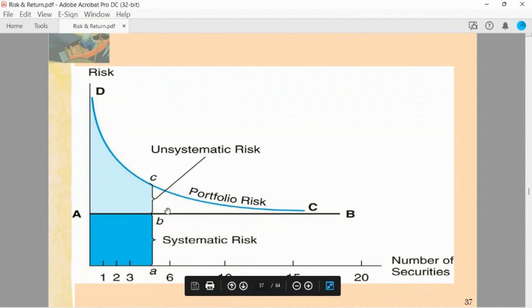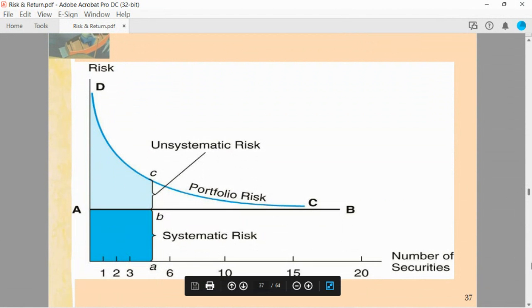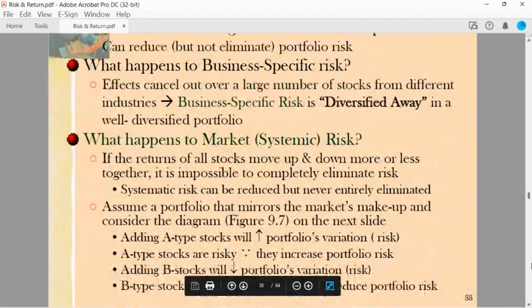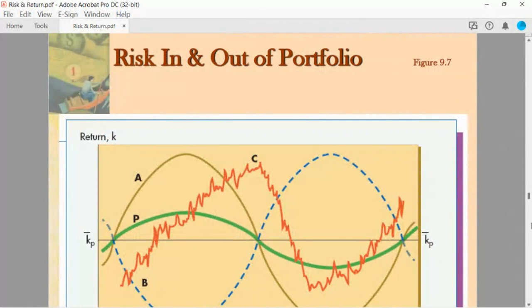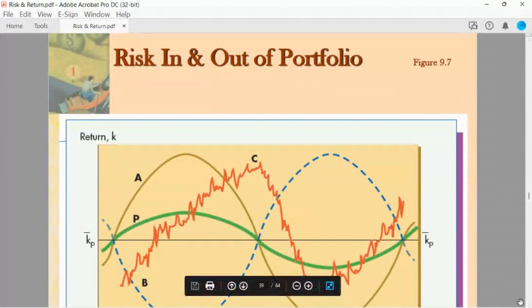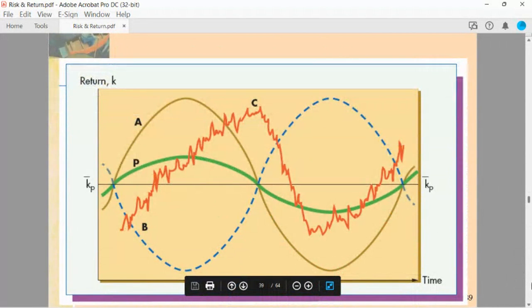So what you can do is, first we can diversify away. So here's what happens.